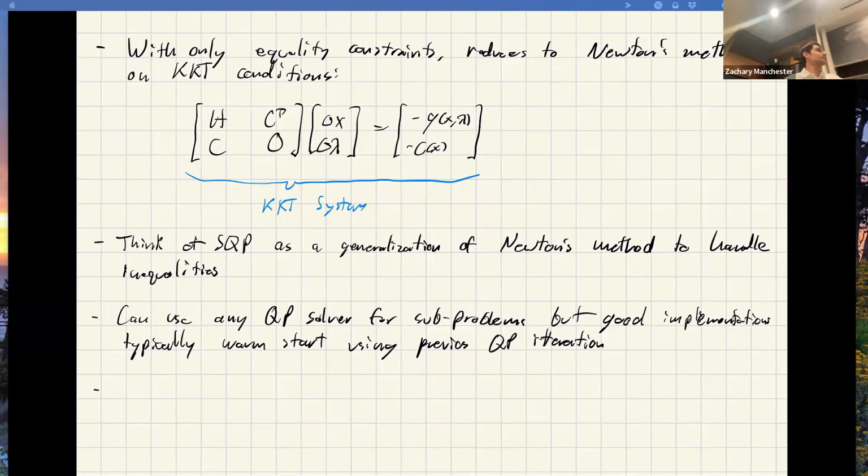And in order to make a direct method, an SQP method like this, not suck, you have to be somewhat clever about using the sparsity structure. Most of these solvers are. Most of these are using sophisticated sparse linear system solvers that can take advantage of at least some of that sparsity. But all the speed wins are basically from being clever about the sparsity. So that's something to think about.